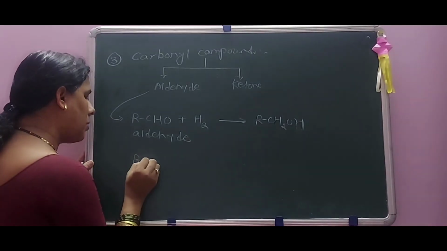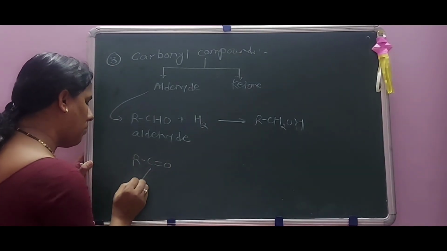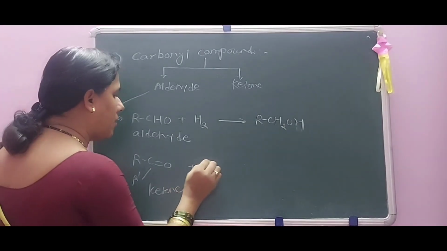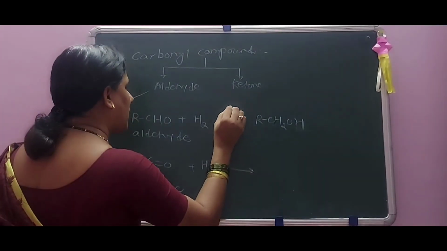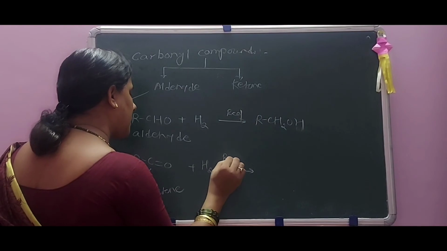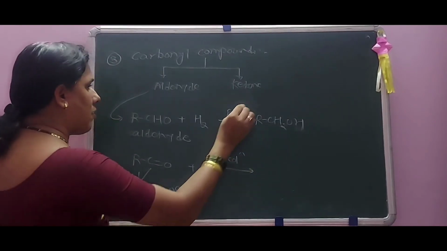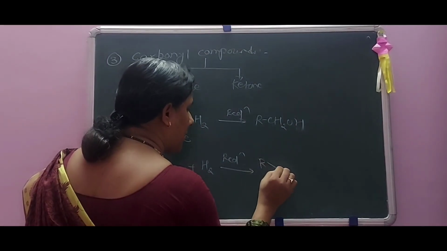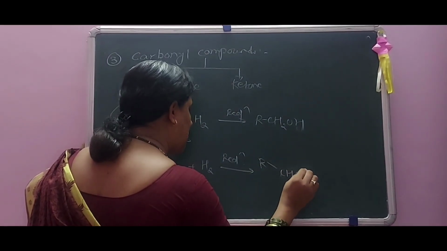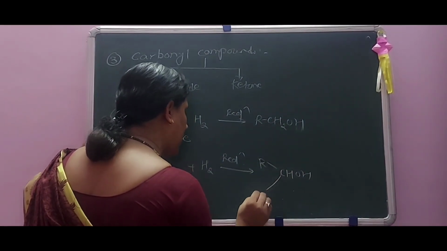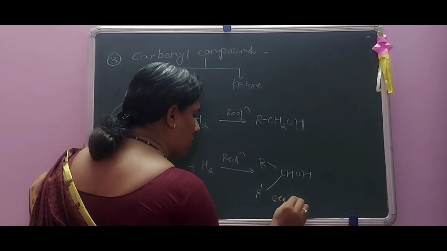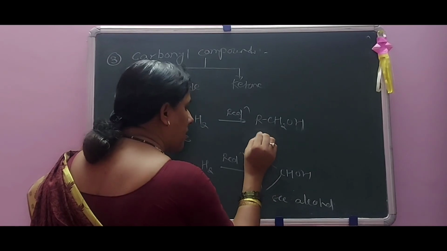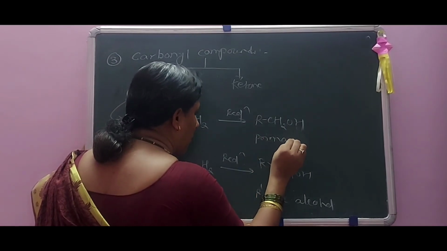And a ketone, RC double bond O R dash, on reduction reaction here gives the formation of a secondary alcohol, CHOH with R dash. Here is formation of a primary alcohol.